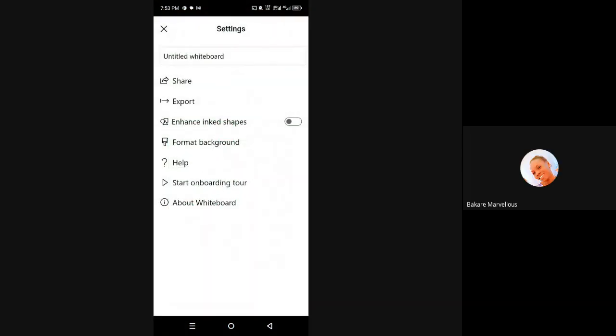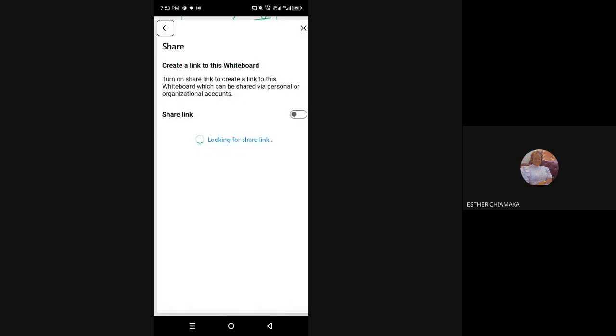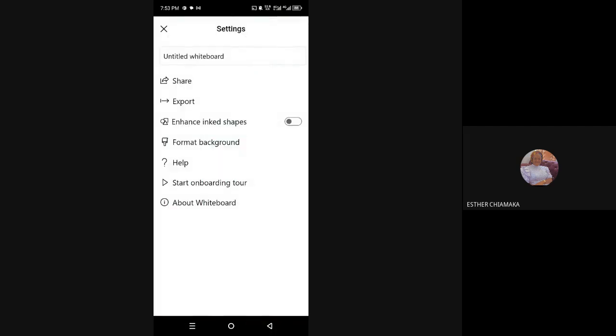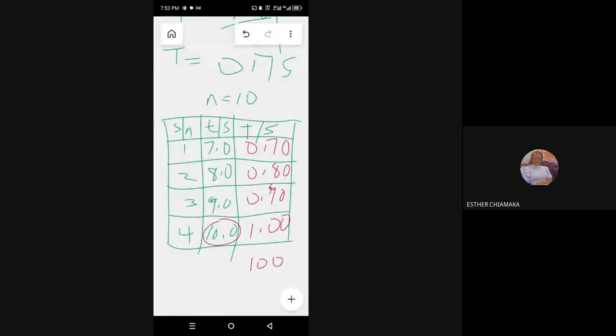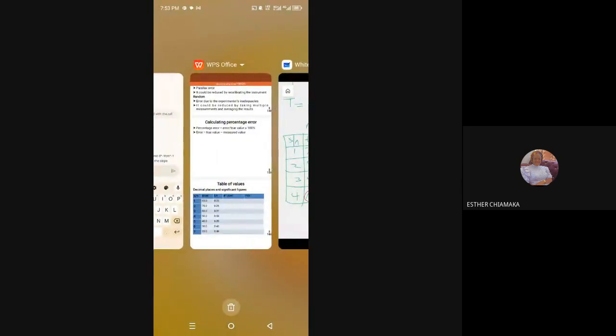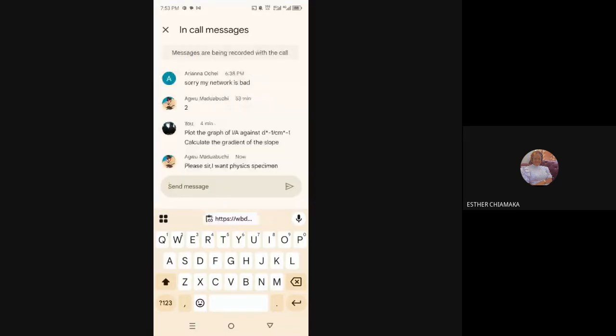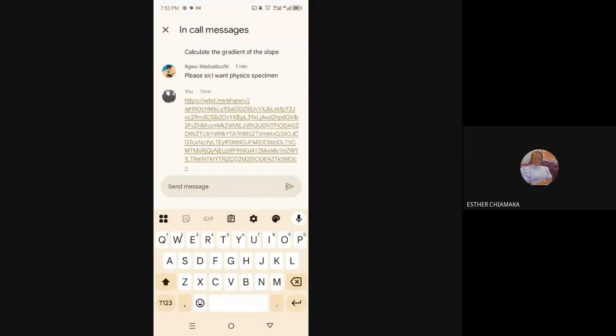So let me send the link to this one. I've not been able to open this link. The challenge is that you will first download it. It will bring you to a point to download the software, the app, which is Microsoft. So if you don't download, you will not be able to open it. But immediately you click on the link, it will ask you to download the Microsoft app.